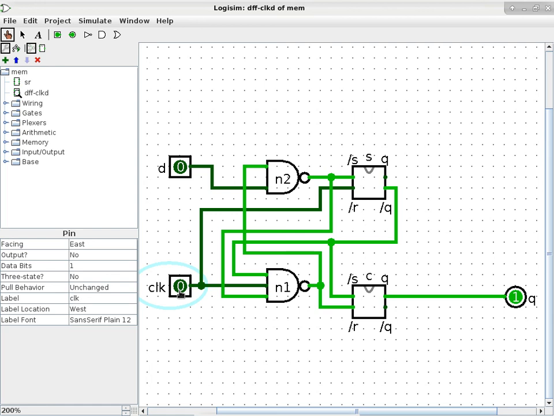But that's not the only thing it connects to. N1 also connects to N2. But N2 is not going to change its output because N2 is also getting a 0 directly from the data pin, which means N2 will continue to output a 1 even after clock goes from 0 to 1.